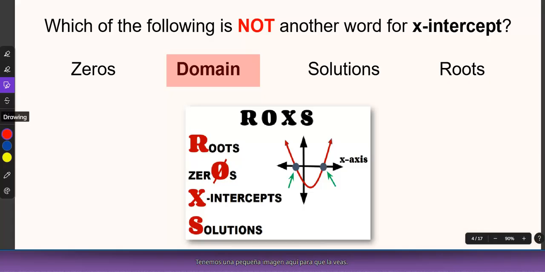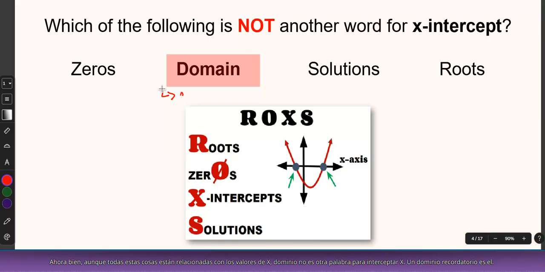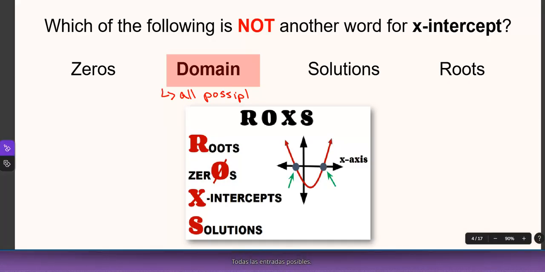A reminder, domain is all possible inputs. And then, of course, zeros, solutions, and roots are words that we use to describe the x-intercepts.